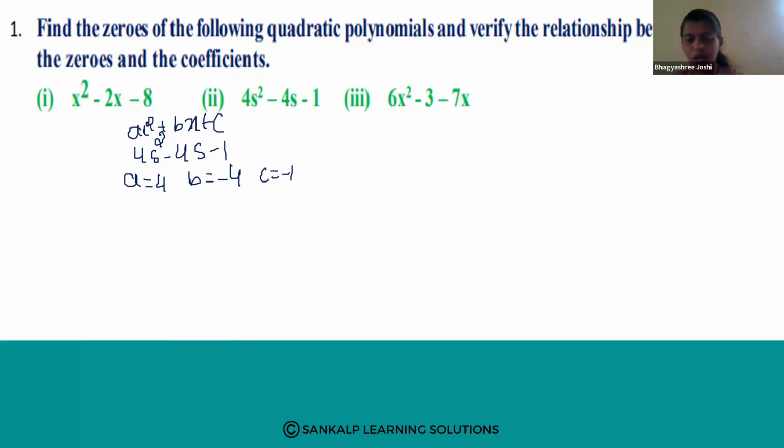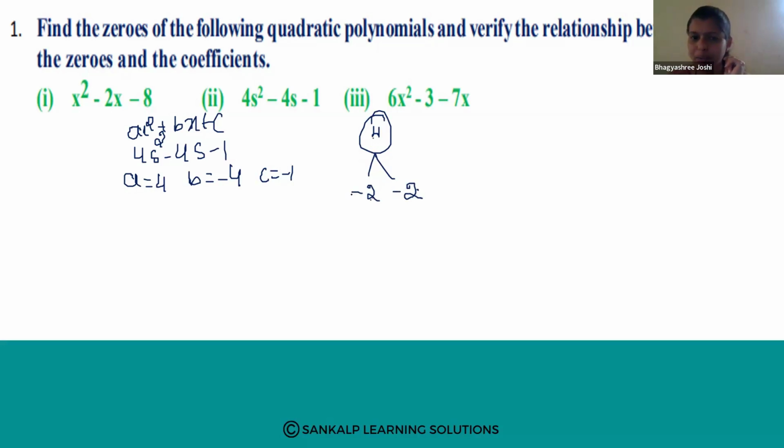This much we should know. Now, by using the factorization method, find the factors. a into c: a value is 4, c value is 1, so a into c is minus 4. Then what should we do? Take two numbers such that the product should be minus 4 and the sum should be minus 4. Which numbers will you take? Minus 2 and minus 2, since 2 twos are 4. Minus 2 minus 2 will become minus 4.